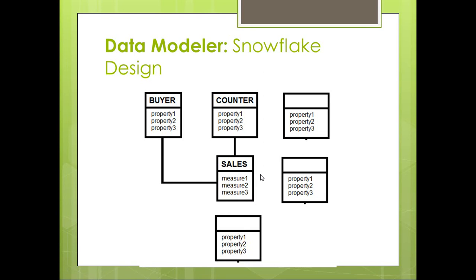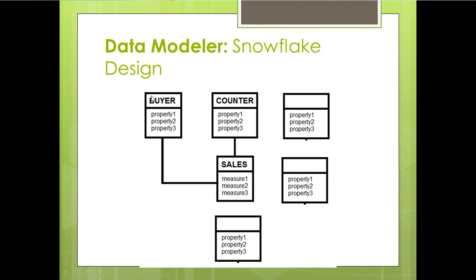Of course, you don't have to keep it over there, but it's just a quick example. And then we have our buyers and our counters. These are definitions all departments have agreed on, and they have properties. As I said, a buyer could have its demographic, physical attributes, etc.